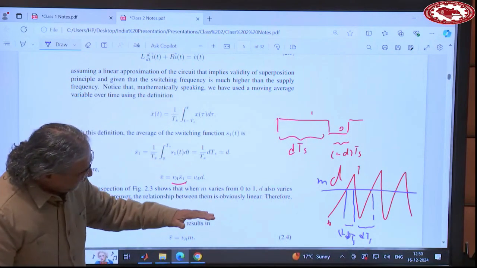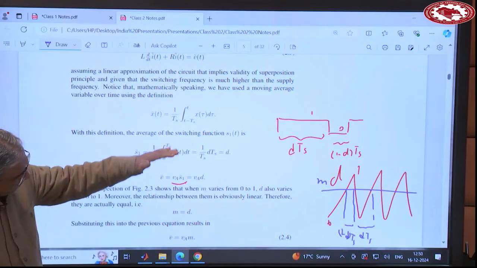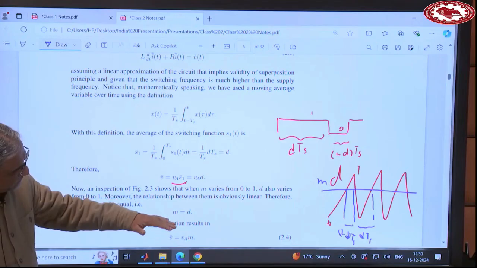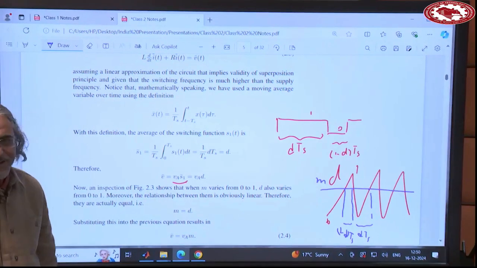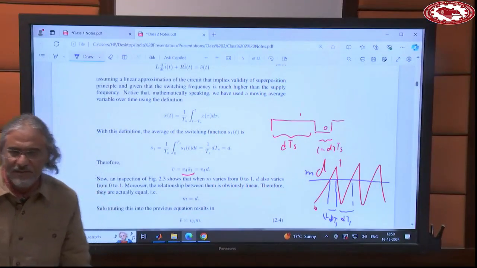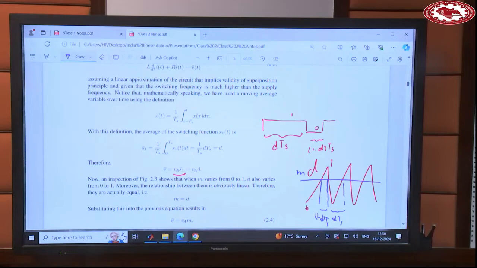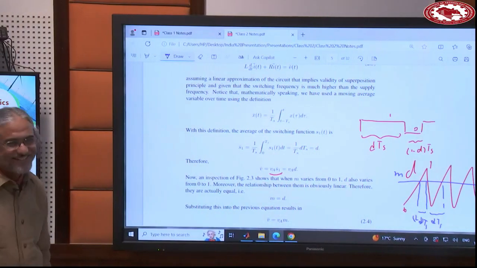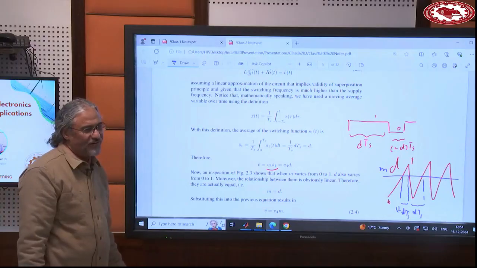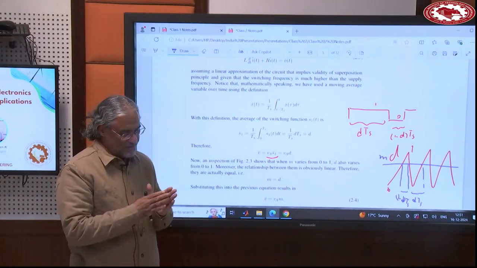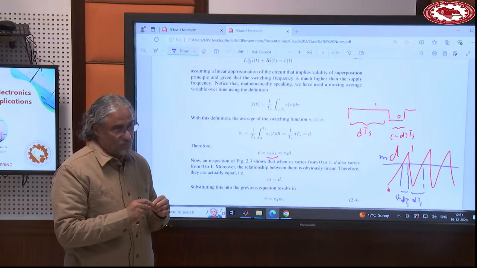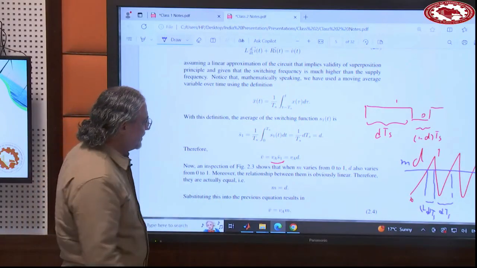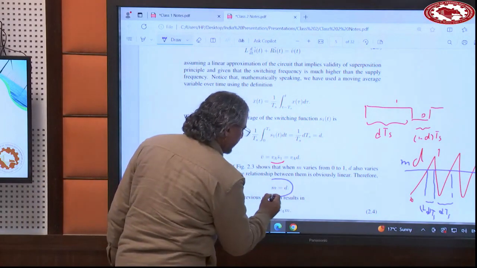So you change M from 0 to 1, and duty cycle changes from 0 to 1. And it's linear. So the only option is D and M are equal. The only function which is linear and converts 0 to 1 to 0 to 1 is the identity function. So we have this equation here.